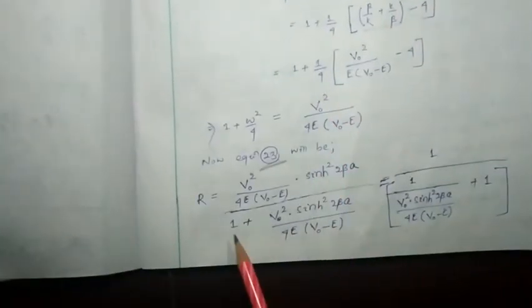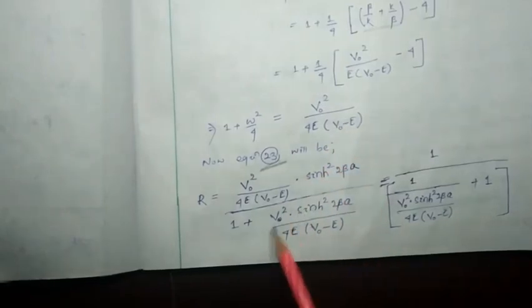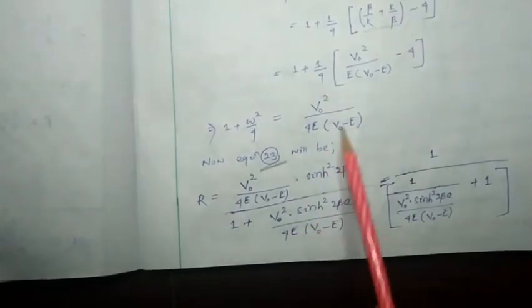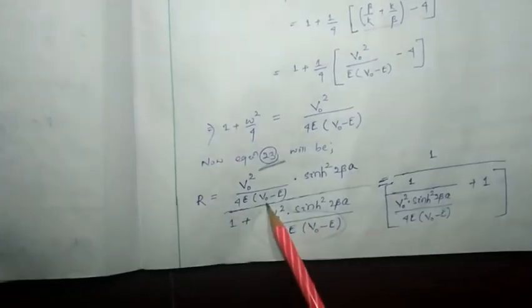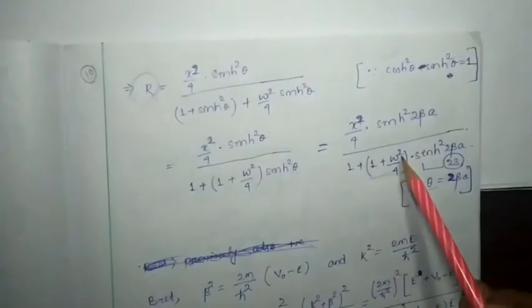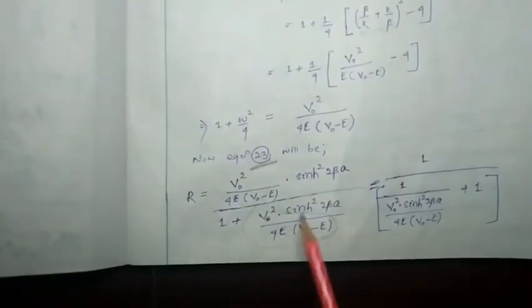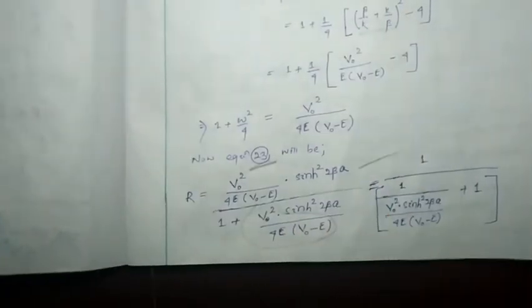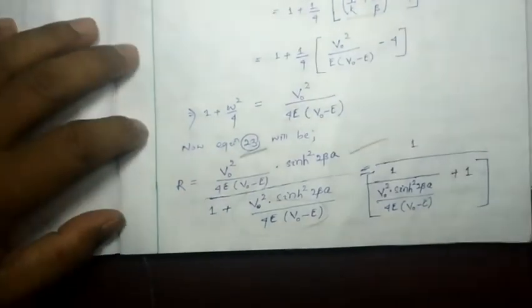So we can write 1 plus this much, that is v0 square by 4e into (v0 minus e), okay, this much is nothing but 1 plus omega square by 4, and into sinh square 2 beta a. So it is sinh square 2 beta a. Okay, now what we are doing, you just carefully watch here.